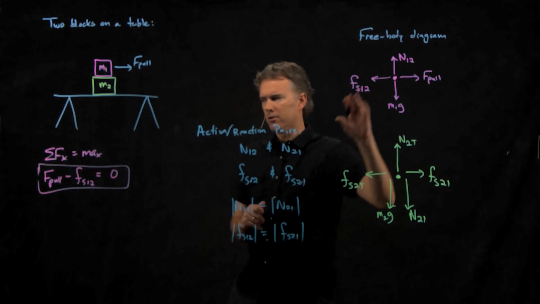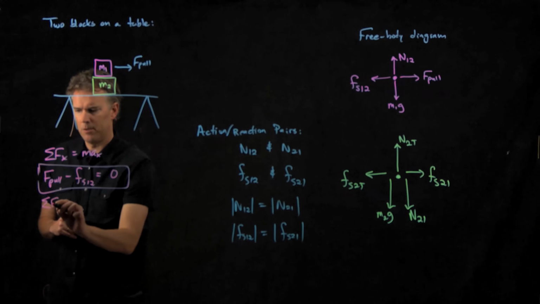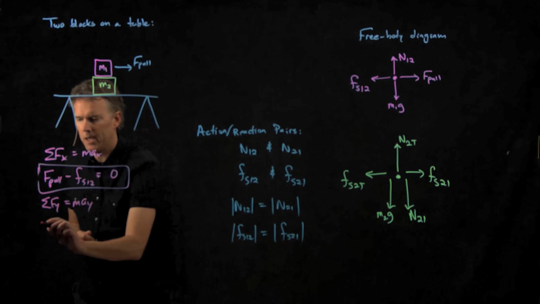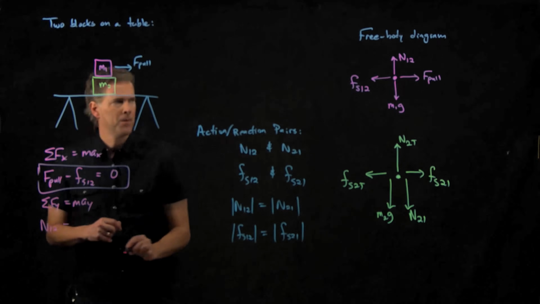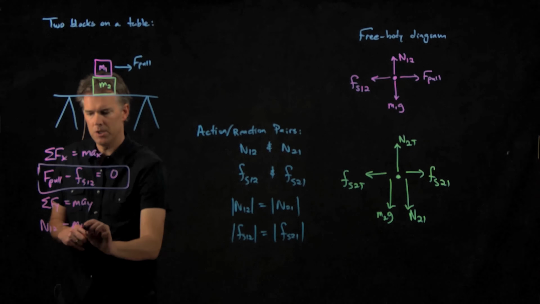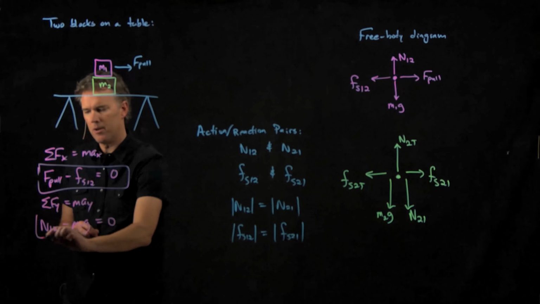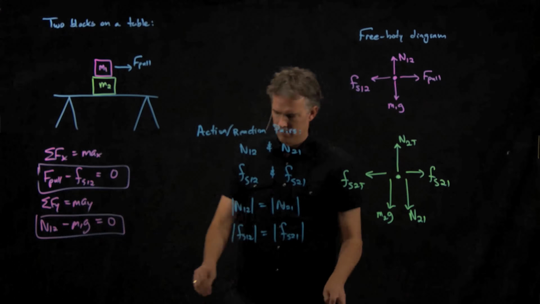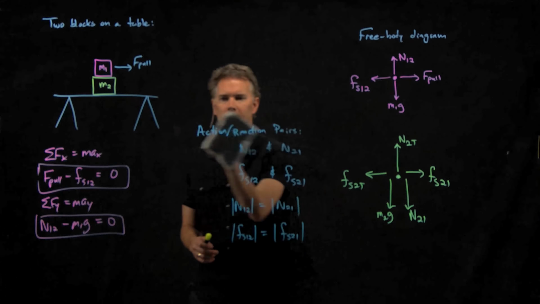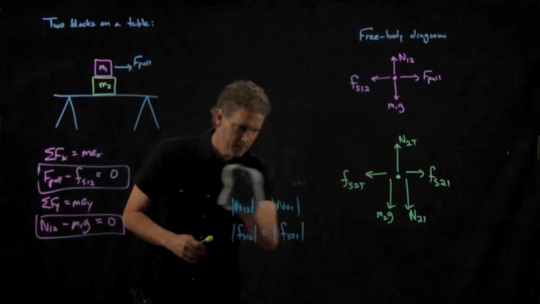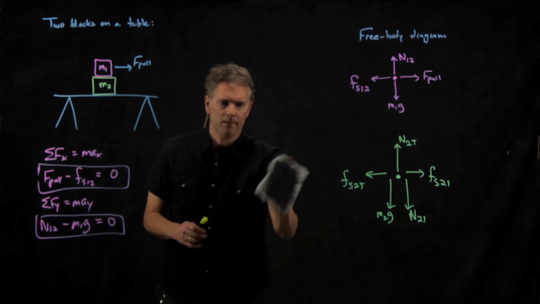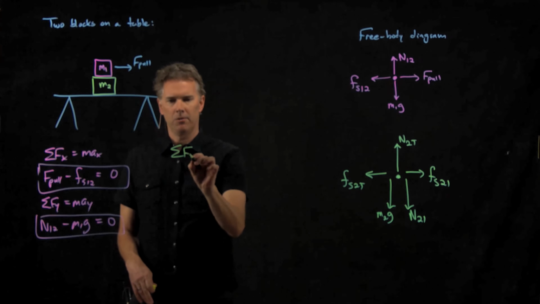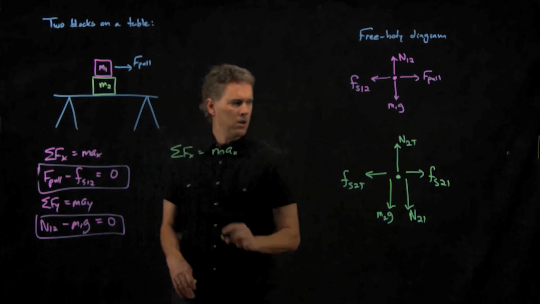Okay. The vertical components, not too bad. Sum of the forces in the y direction equals the mass times the acceleration in the y direction. We get N12 minus M1g. That also equals 0. What about for the second one? For the second one, we have sum of the forces in the x direction. What do we have?